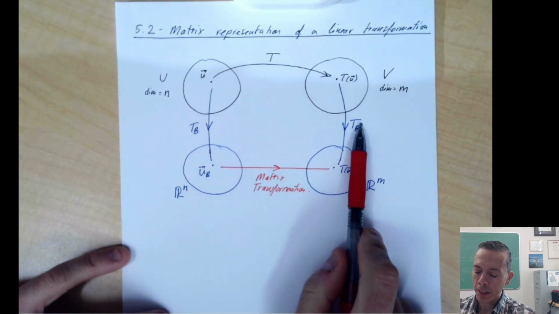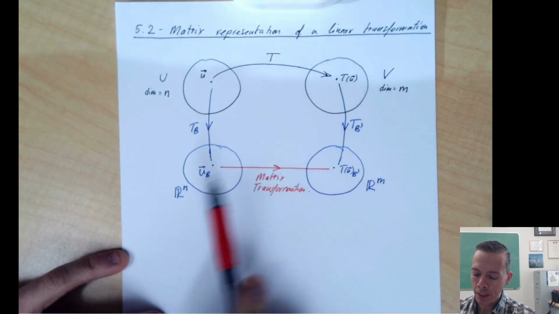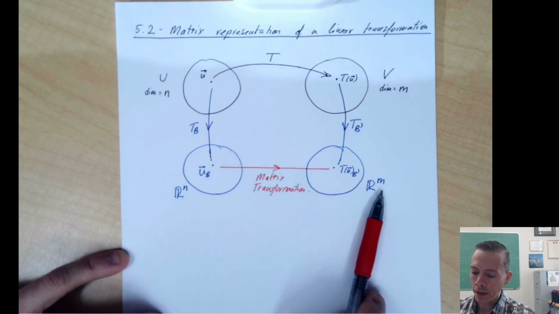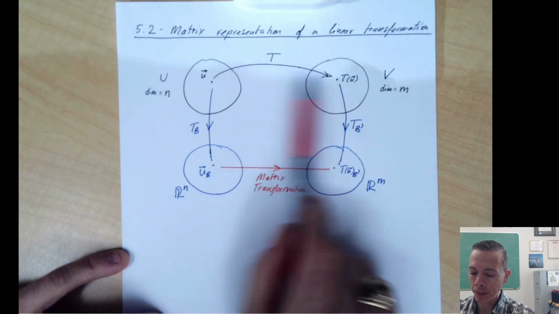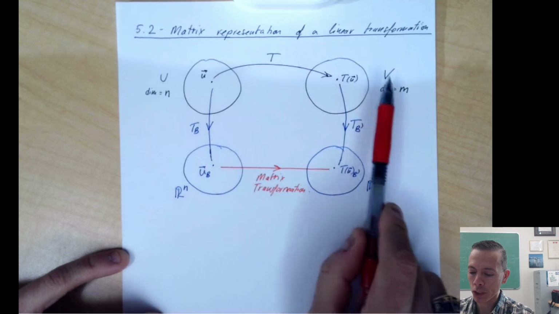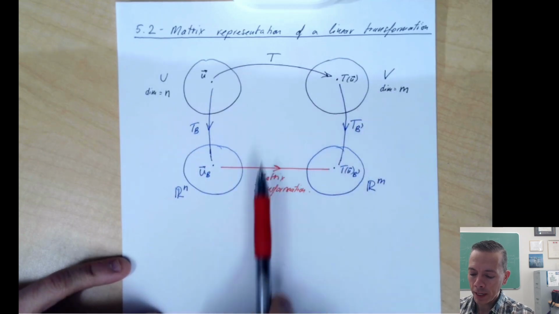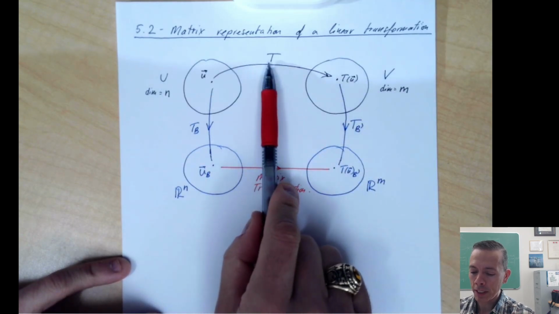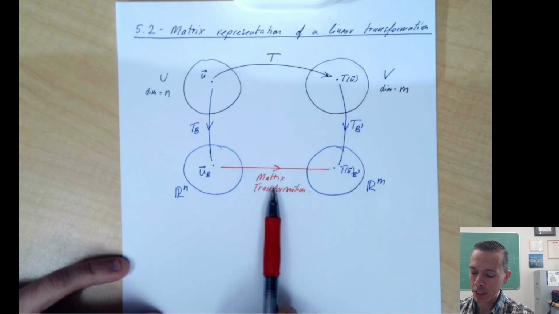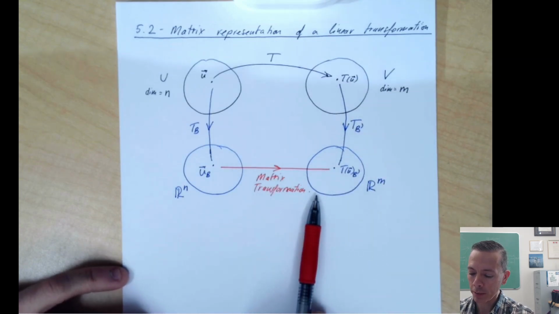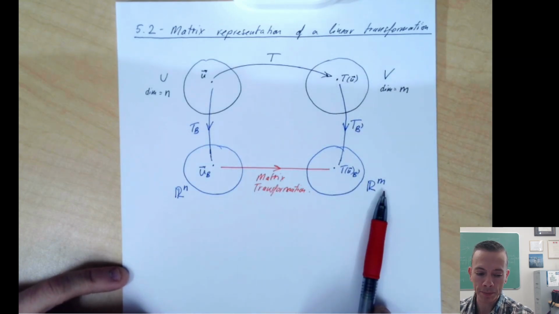And because T_B and T_B' are isomorphisms, these spaces R^n and R^m preserve faithfully everything that concerns the vector spaces U and V. And that includes the transformation T between U and V is faithfully represented by this matrix transformation between R^n and R^m.